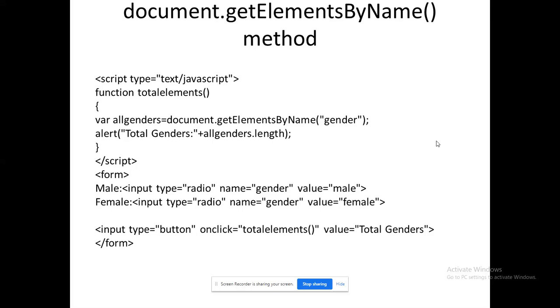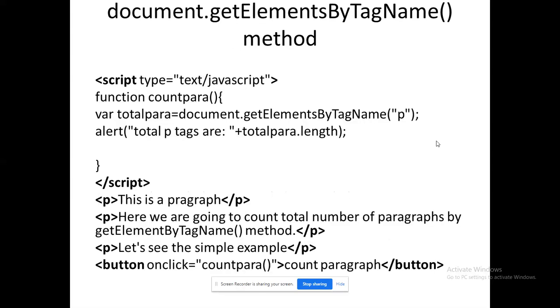Total number of elements, total genders will be displayed when I click that button. I have to choose a radio button and click the button. It will convey how many male and female. That is ready to convey the count. That's the idea behind this method.